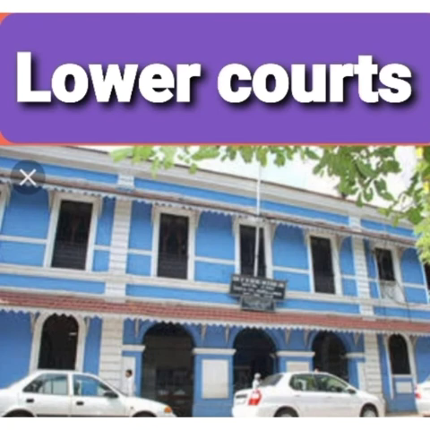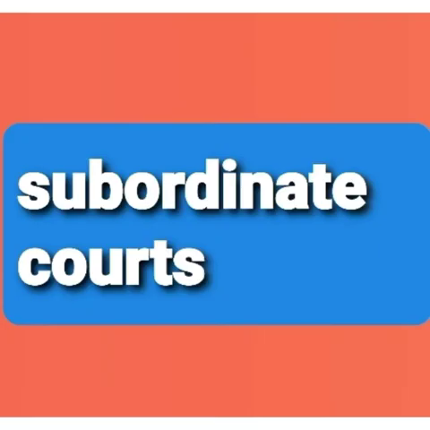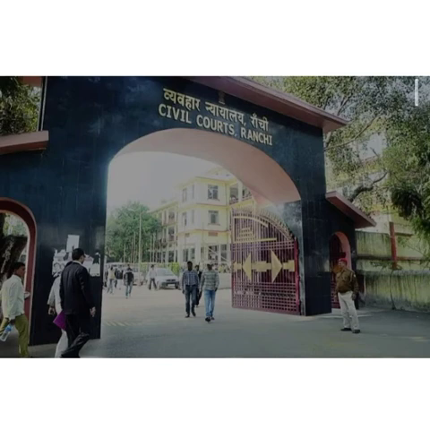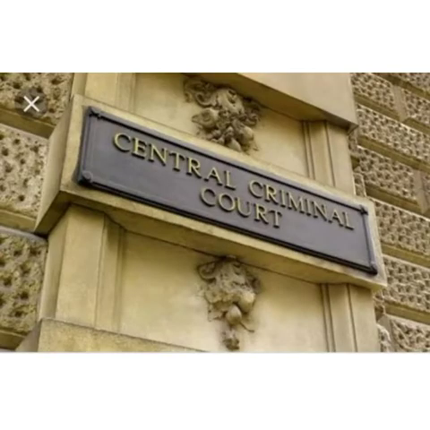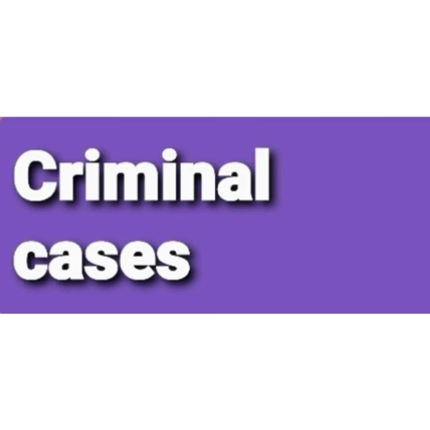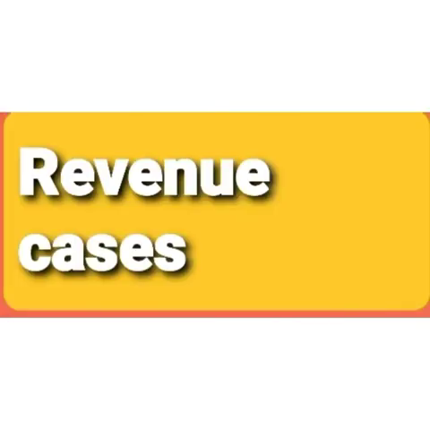In India, there are different types of subordinate or lower courts. They are the civil courts, the criminal courts, and the revenue courts. These courts hear civil cases, criminal cases, and revenue cases respectively.